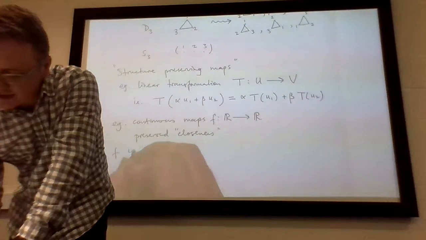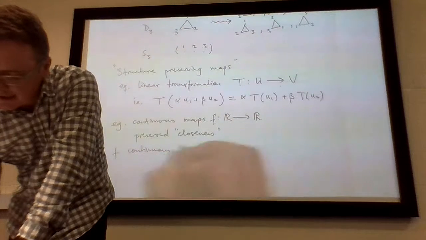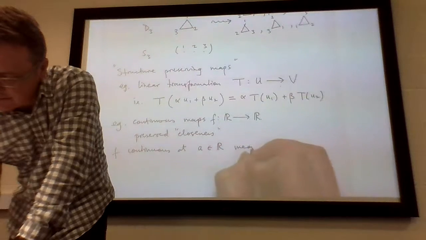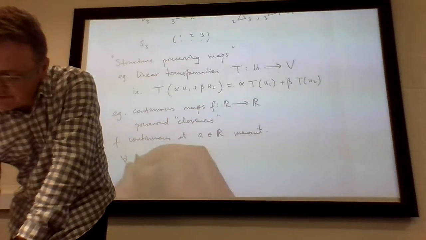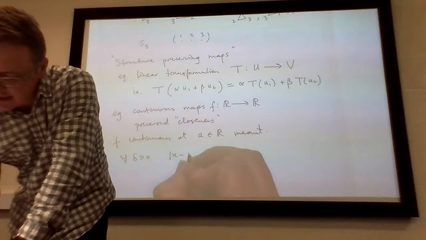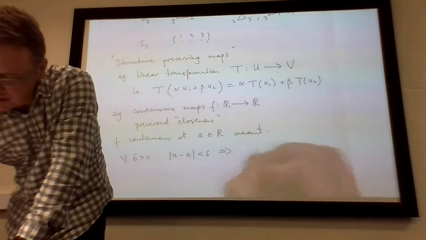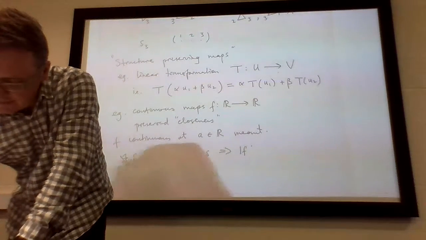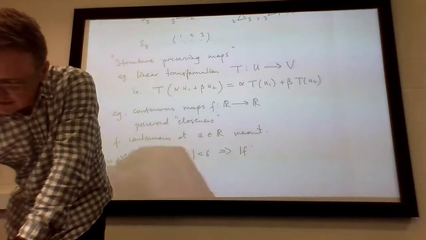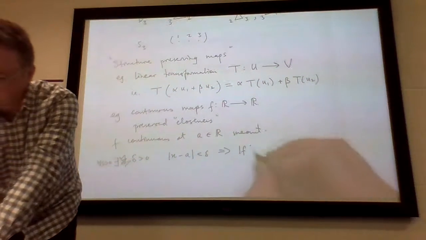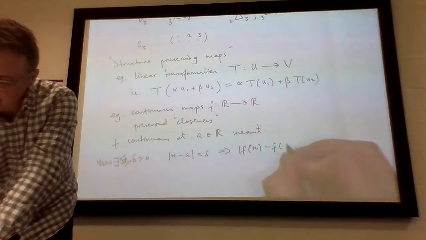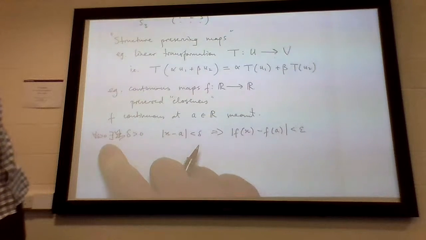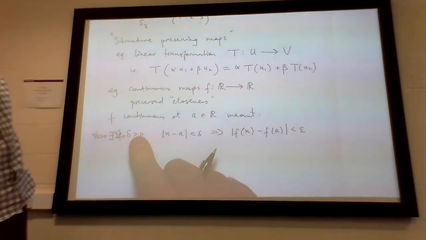So F was continuous at a base point A in R meant for every epsilon greater than 0, there existed a delta such that if absolute value of X minus A was less than delta, that implied absolute value of F of X minus F of A is less than epsilon.